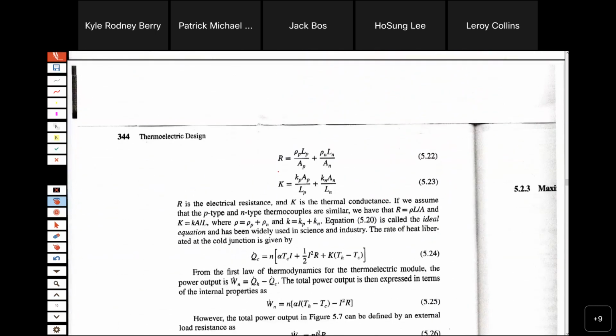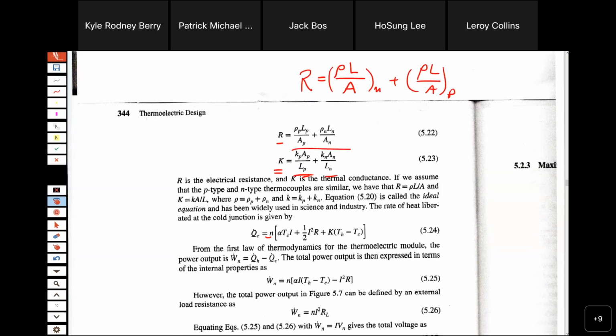And obviously, this R consists of electrical resistivity and length of the N-type and P-type elements. So that's why K is the same, N-type, P-type, 2 altogether. So this is N, the number of couples.